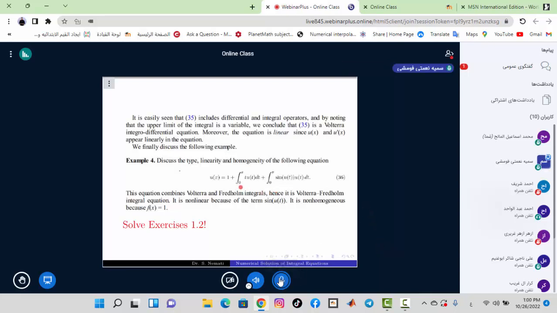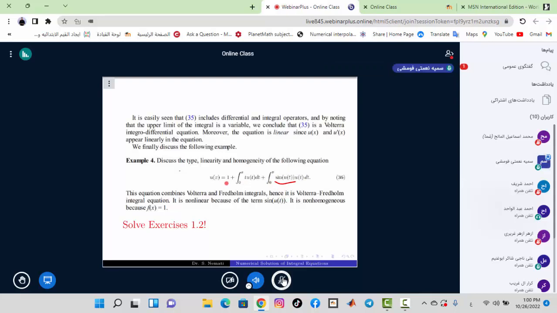And the last example of this part. Can you tell me if it is linear or non-linear? Non-linear, exactly, because you have sine of u of t, and you know that sine of u is a non-linear function in terms of u. So you have a non-linear part, and it makes this integral equation non-linear.